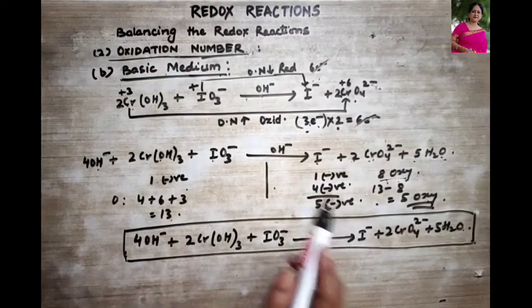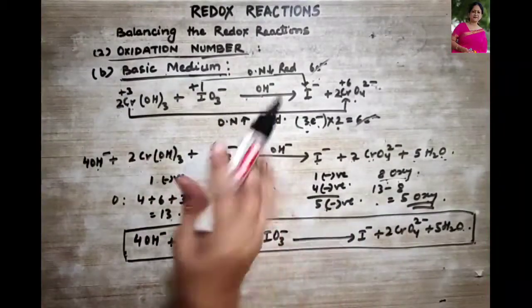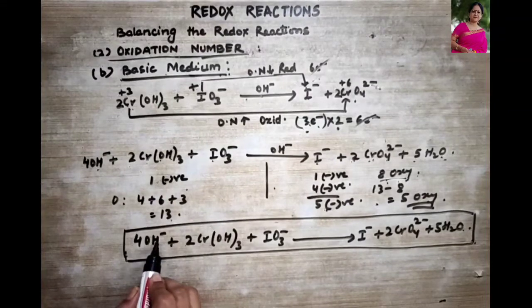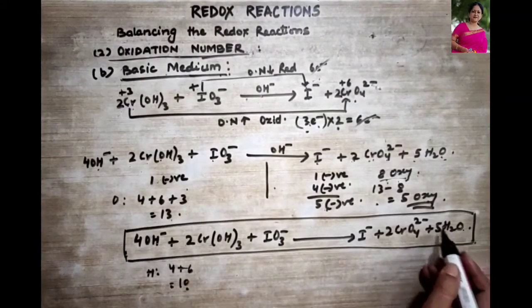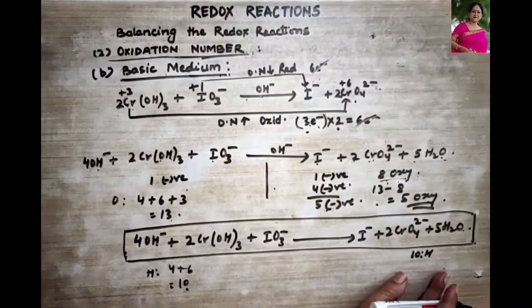As I told you, in a basic medium, if you balance oxygen, your hydrogen is already balanced. Now let's check hydrogen. 4 hydrogen here and 3 2s are 6. This gives you how many hydrogen atoms on the reactant side? 10. Let's look over here. 5 2s are 10 hydrogen on this side. So it is already balanced.